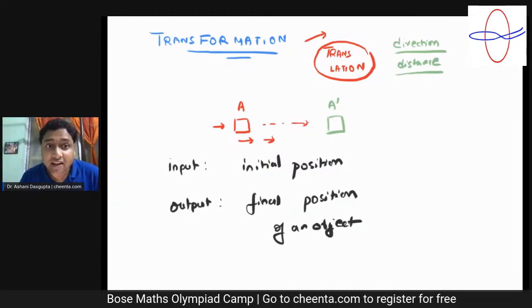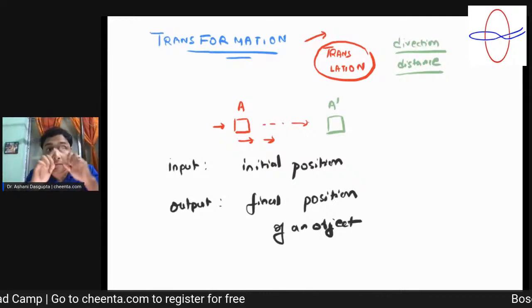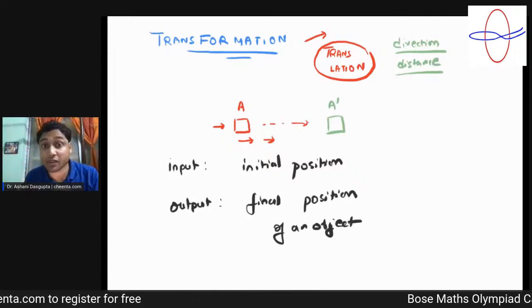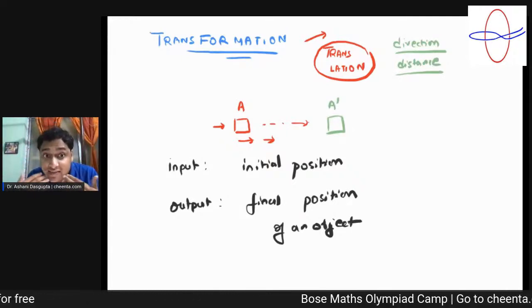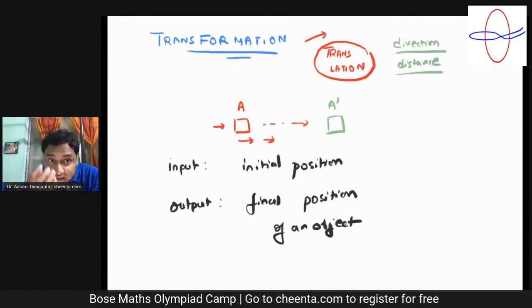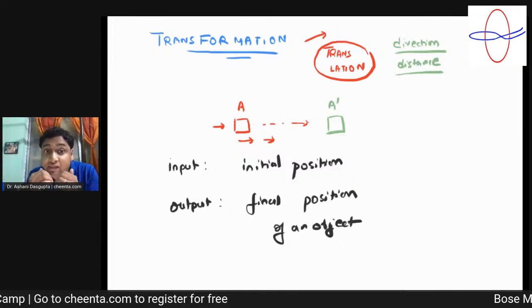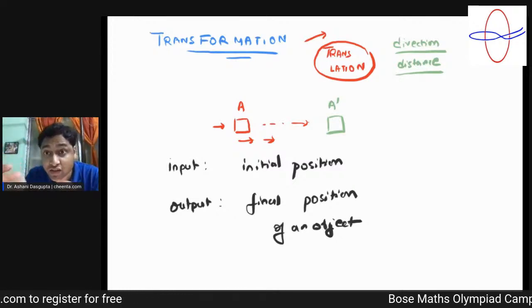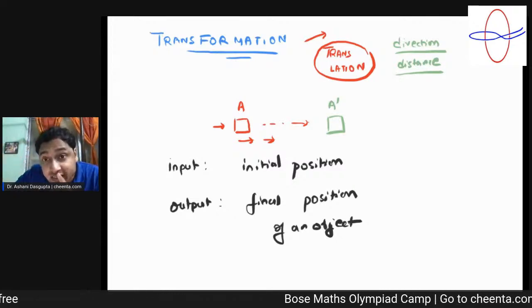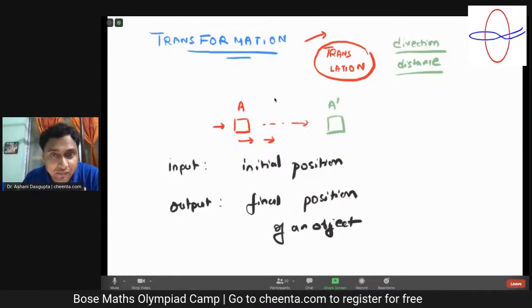So the notion of geometric transformation, you can think of it like a machine. And what does this machine do? It takes in the input position, the initial position of the object, and it gives out the final position, the place where the object is going. It's that simple. Okay? All right.